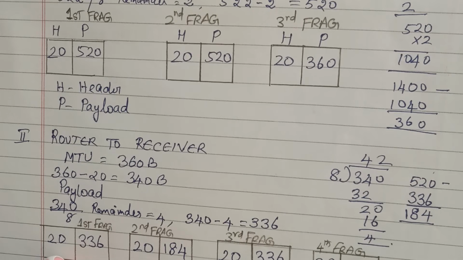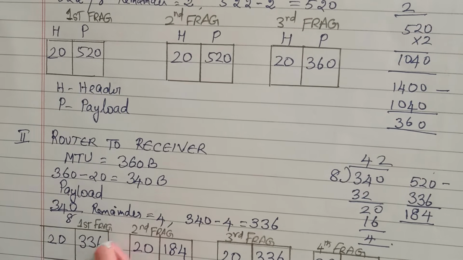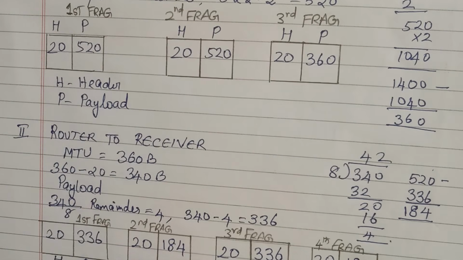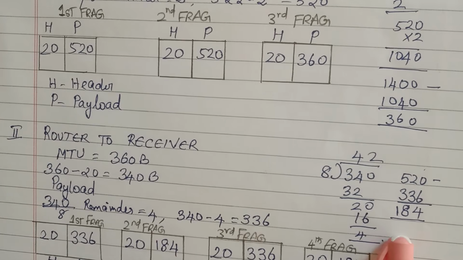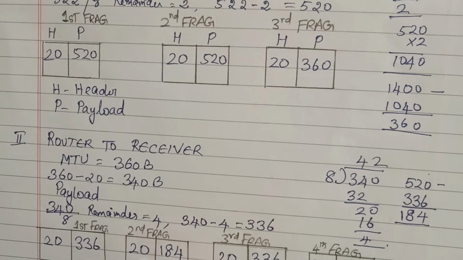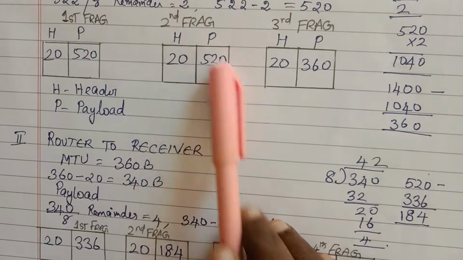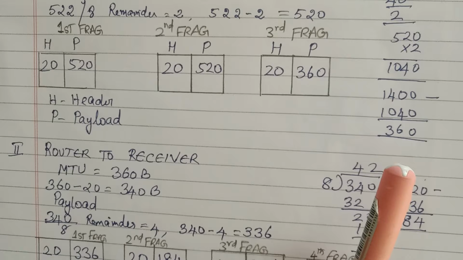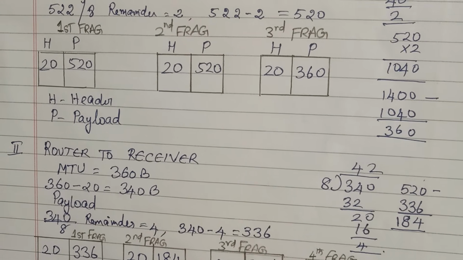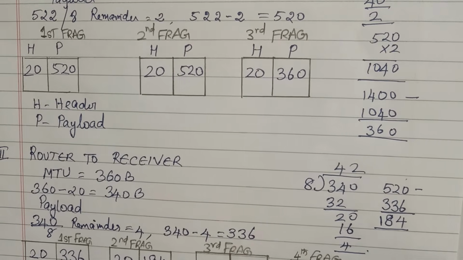Now see how it is fragmented. Take the first fragment, 20 and 520. The first part is 336, and the remaining is 520 minus 336, which is 184. So the second part will be 184. The second fragment, also 20 and 520, is fragmented in the same way into 20 and 336, and 20 and 184.